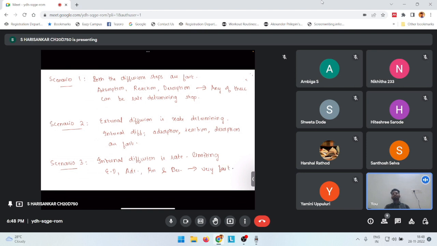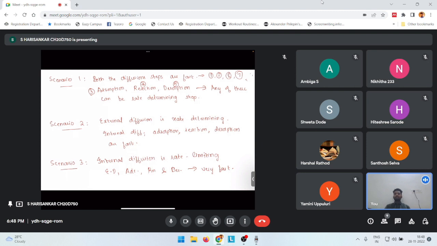So these are three basic scenarios that you can have in a catalysis reaction. So the first scenario is both the diffusion steps, steps 1 and 2 and 6 and 7. All these steps are very fast. So your adsorption, which is step 3, reaction, that is step 4, and desorption, that is step 5. Any one of these three can be the rate determining step, or the slowest step in the process.